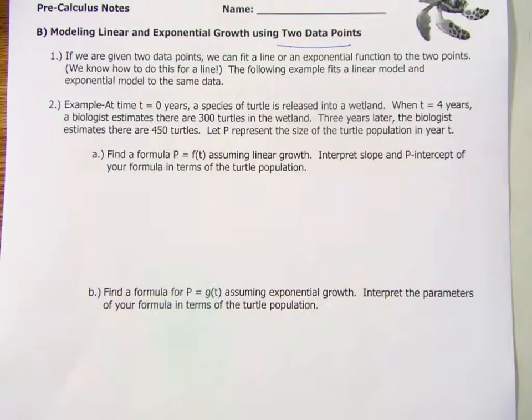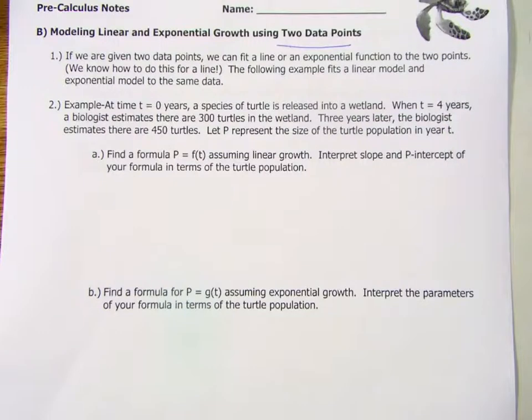Let p represent the size of the turtle population in year t. So we need, based on just those 2 observations, both a linear model to represent that population growth and an exponential model to represent that population growth.